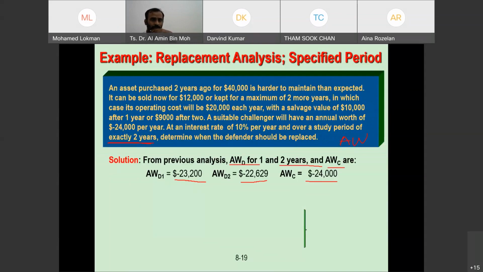So they are asking when the defender should be replaced, right? It can be used 2 years, so are we going to change it in year 3, or year 1 now, or year 2? What are the alternatives that we have? Now we need to identify all the possibilities that can happen. So what are the possibilities here?